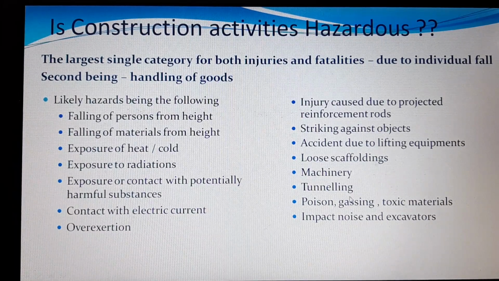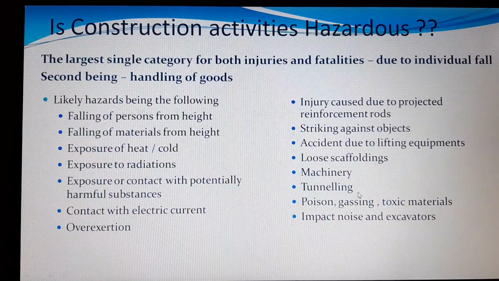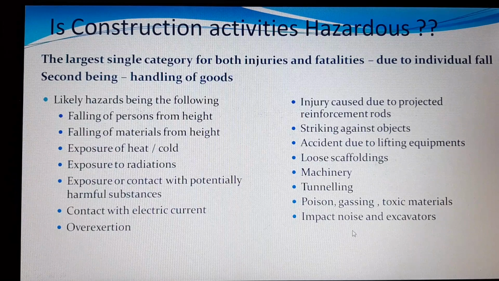In tunneling itself we will come across poisonous, gassing or toxic materials, especially in sewer pipelines. We will come across these types of hazards, and also impact, noise and excavators.